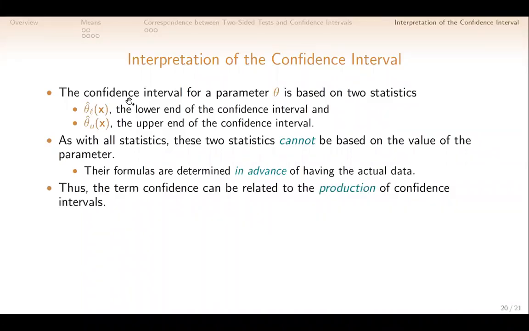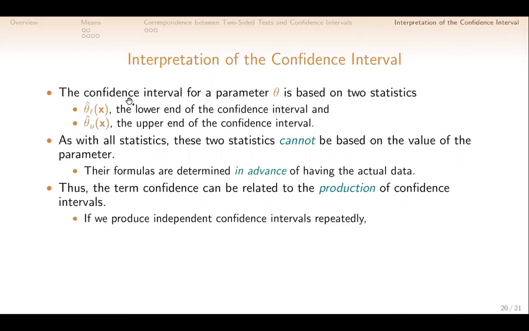So the way I like to think about it is the term confidence can be related to the production of that confidence interval. So I told you how to produce it, right? For an arbitrary amount of the data, I build these two values, theta hat L and theta hat U, and then when the data come in, I get a confidence interval. So the term confidence is related to the production of the confidence interval.